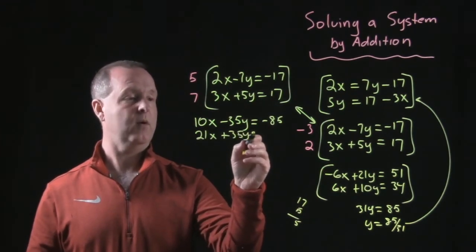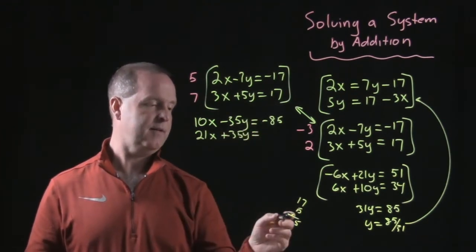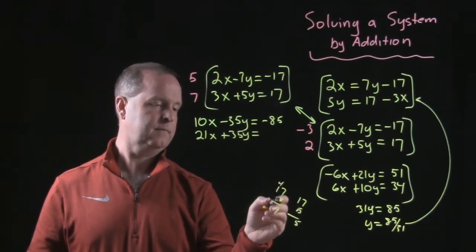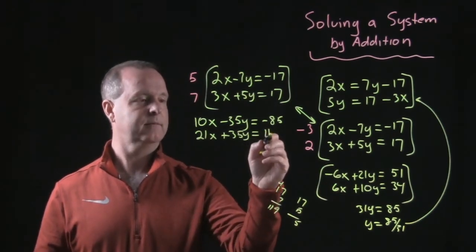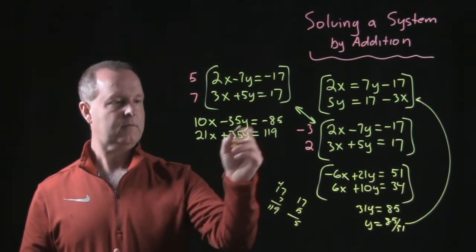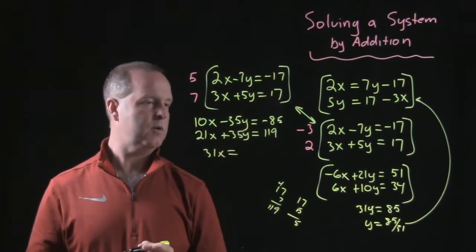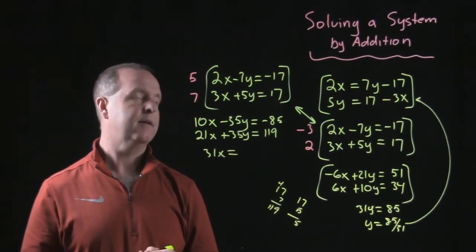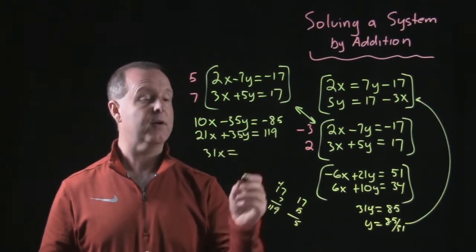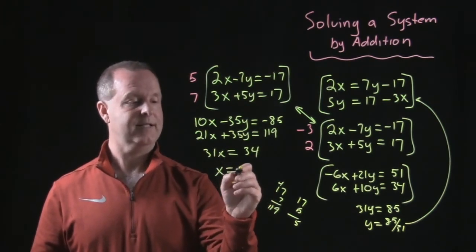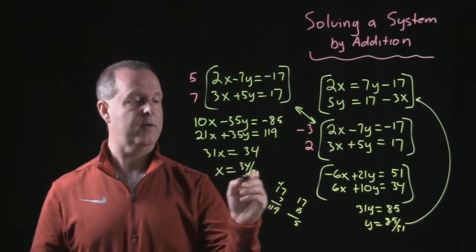That's what we were hoping for. 17 times 7 is 119. The y's cancel, so I have 31x equals 119 minus 85, which is 34. Solve for x: x equals 34 31sts.